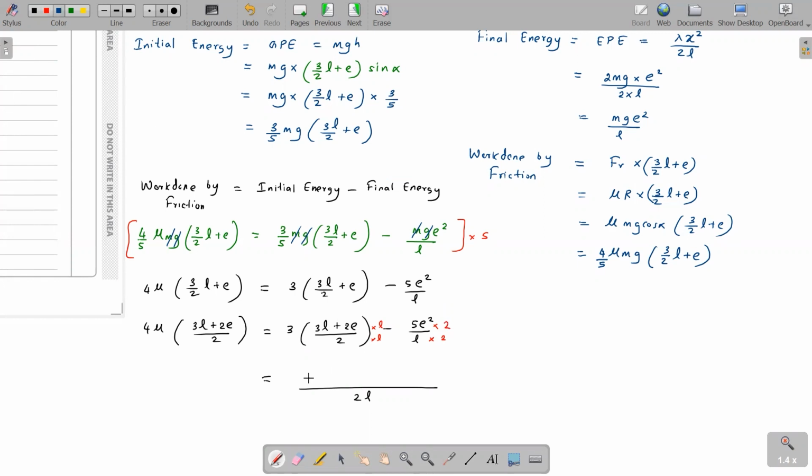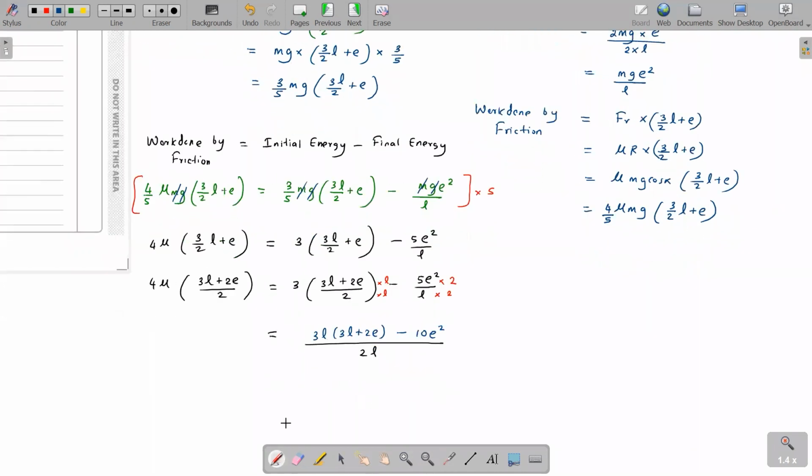So I get here 3L times 3L plus 2E minus 5 times 2, 10E square. I took the common denominator as 2L. So this one is multiplied by L, this one is multiplied by 2. And this one, the 4 and 2, I could actually cancel out, right? So I get here 2 mu times 3L plus 2E. Okay, then we can simplify this now. 9L square, 3 times 2, 6LE, minus 10E square.